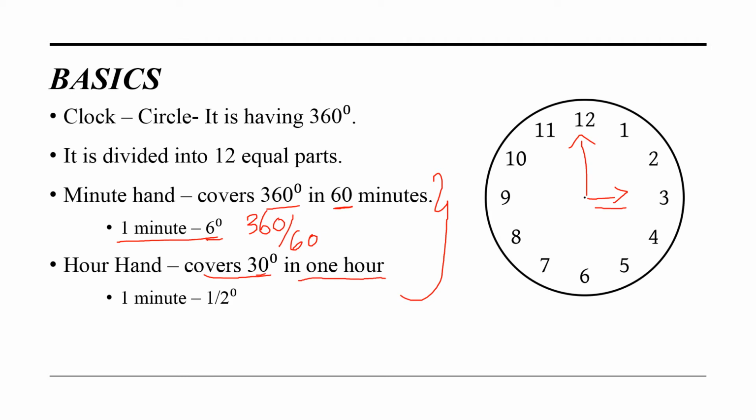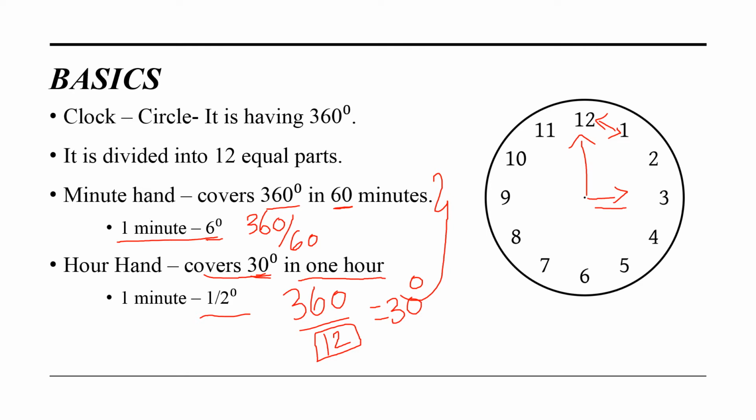If we divide 360 by 12, because the clock is divided into 12 equal parts, it gives you 30 degrees. So one part is equal to 30 degrees. The hour hand covers 30 degrees in 1 hour, and in 1 minute it covers half a degree.